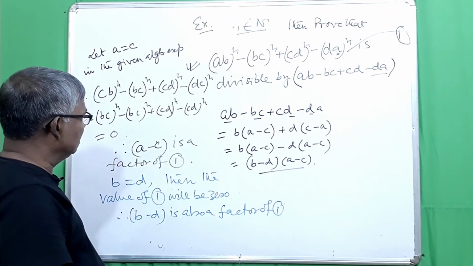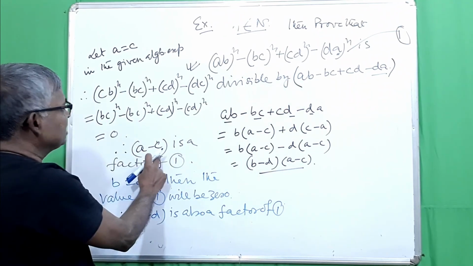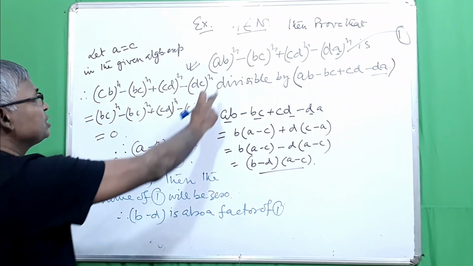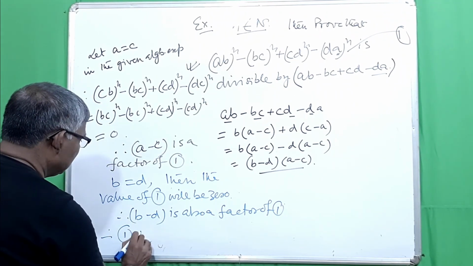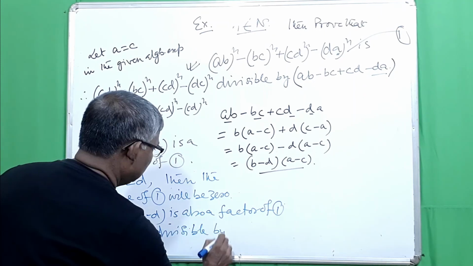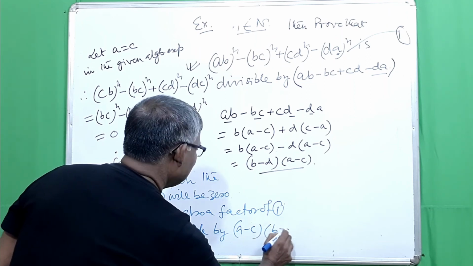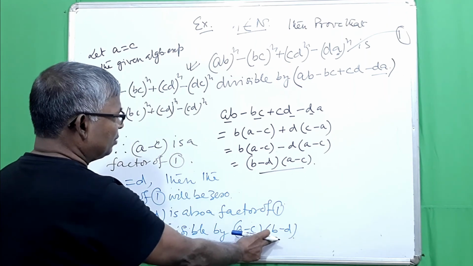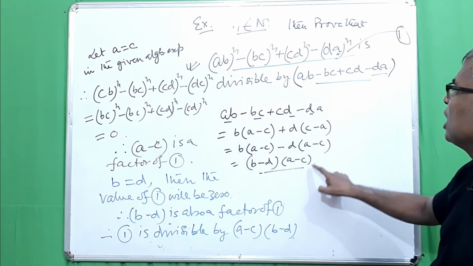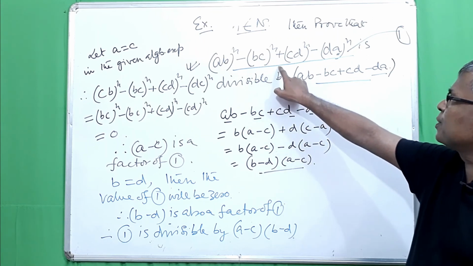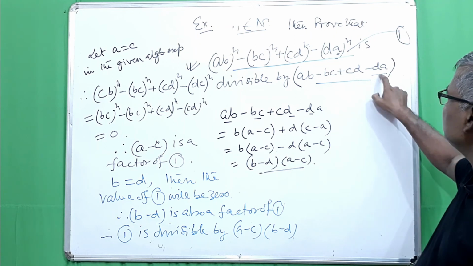We have seen the algebraic expression is divisible by a minus c, and also it is divisible by b minus d. Therefore, 1 is divisible by (a minus c) into (b minus d). Here the product is ab minus bc plus cd minus da. Therefore, the algebraic expression is divisible by ab minus bc plus cd minus da.